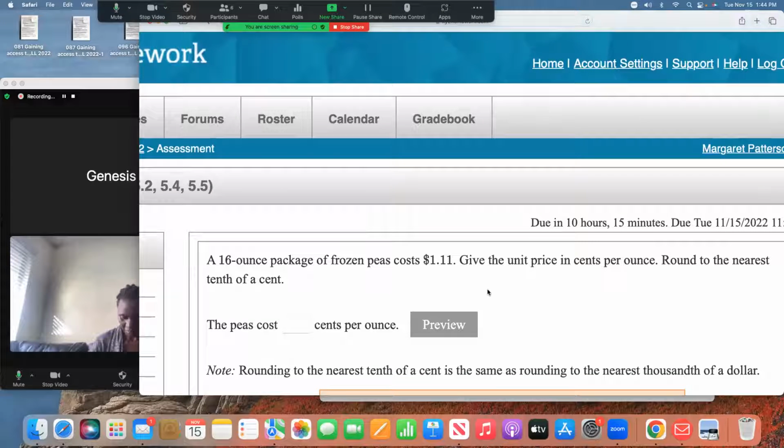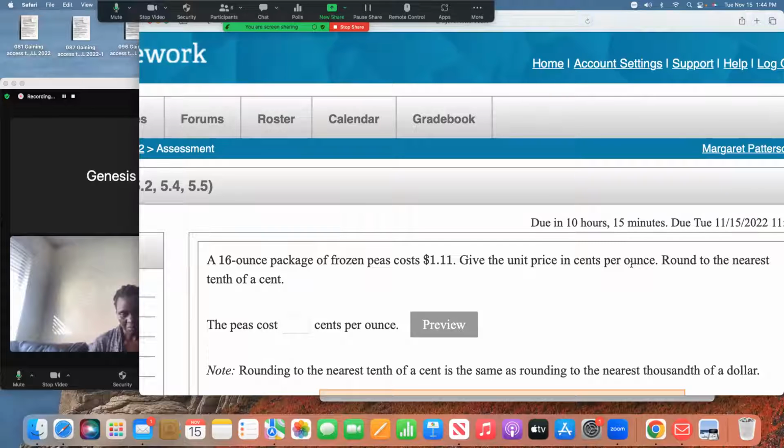The first possibility is this is in dollars, $1.11, and they're asking it for in cents. Now we've got ounces, 16 ounces.